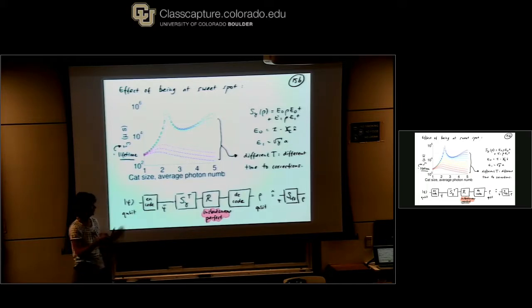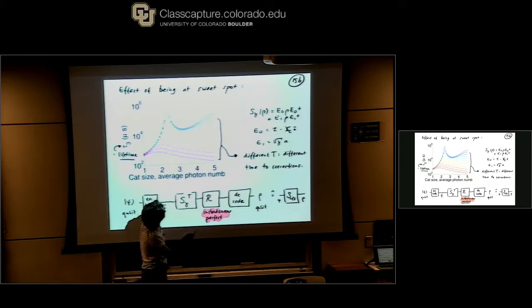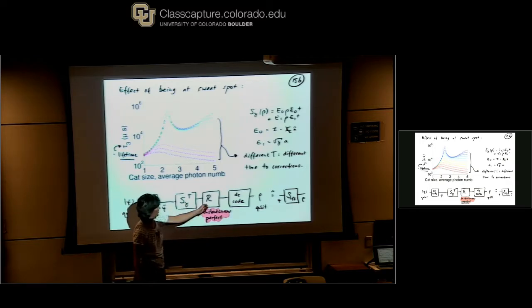Now I have a channel S gamma, which has these error operators E0 and E1, with also the distortion, and I apply it for some time t, and then I have a perfect reversal, and then I decode, and then you get something.